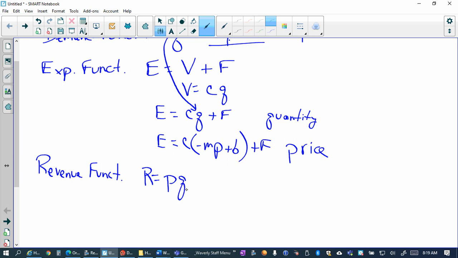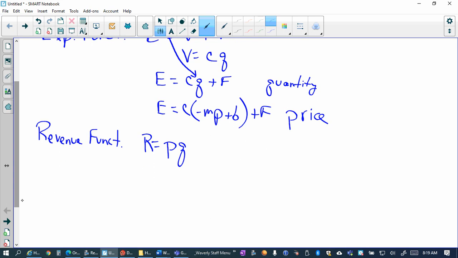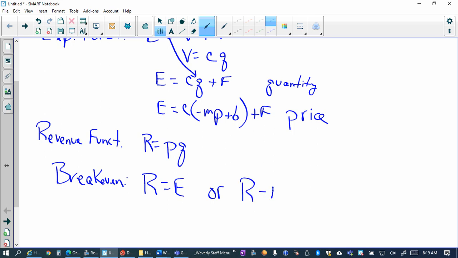And then what do we talk about? Oh, break even. So when did we have break even? When does that happen? Yeah. Revenue equals expense, right? So when R equals E, or the two things are equal, you subtract one, you get 0, right? Either one of these, R minus E equals 0, when that happens, okay?